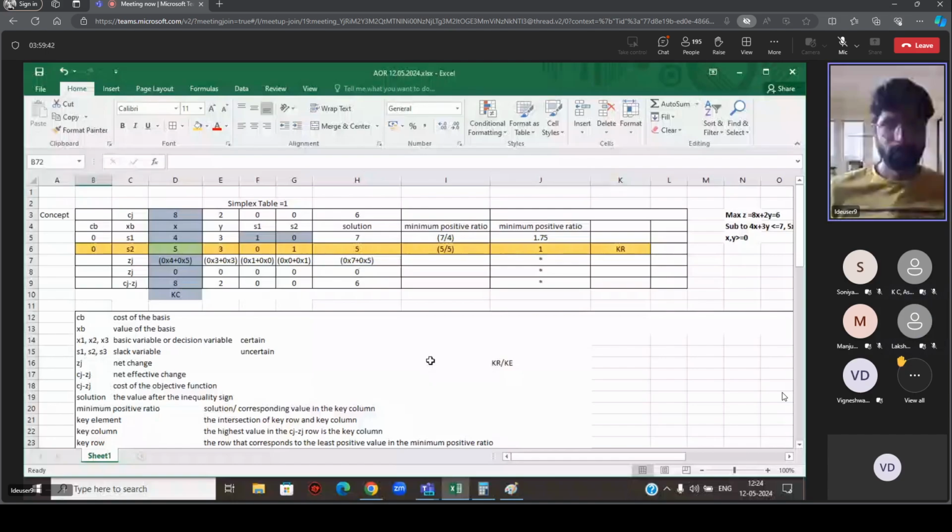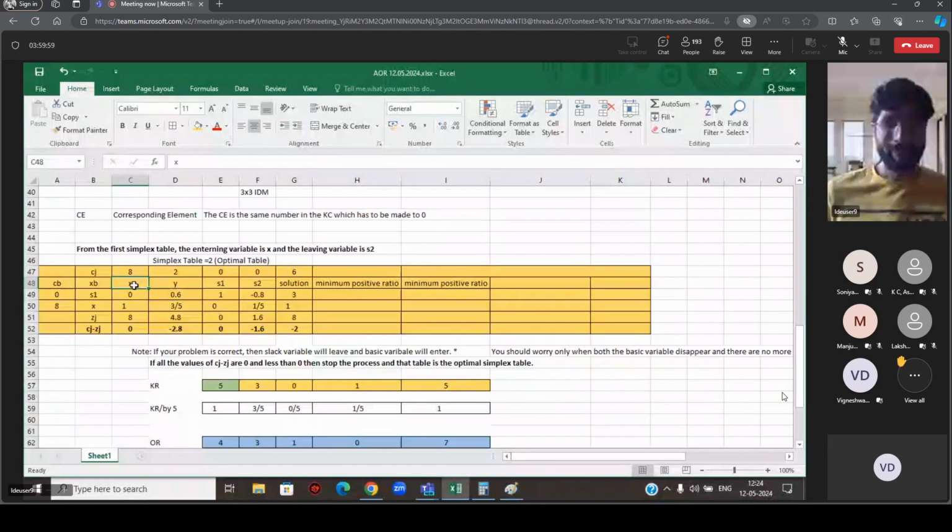Solution, that's what I've considered. See, for x, in the optimal table, this is the place where I'm getting x. So what is the corresponding solution? It is 3. Sorry, 1.